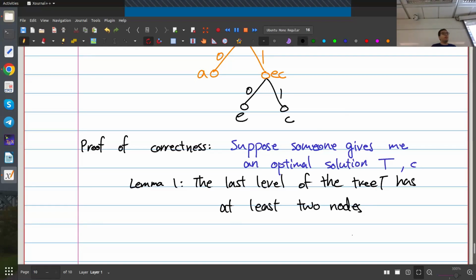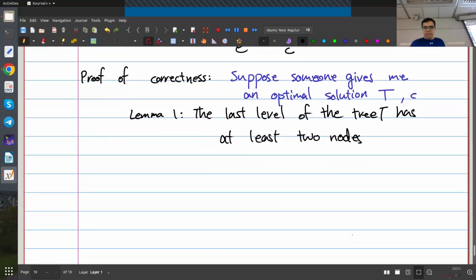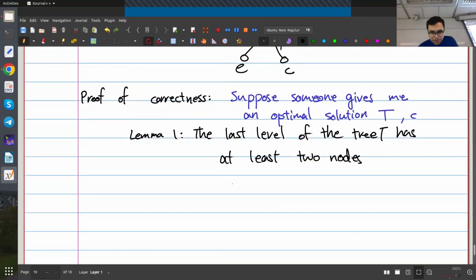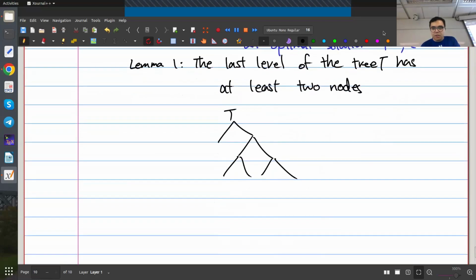But in the previous problem, I said that I can always take the nodes that have the smallest possible frequency and put them at the last level, right? I can assign them the longest possible codes. So I'm just going to use that. I look at this tree that someone else has given me, whatever this tree T is, and I'm going to say that at the last level, there are at least two leaves, maybe more.